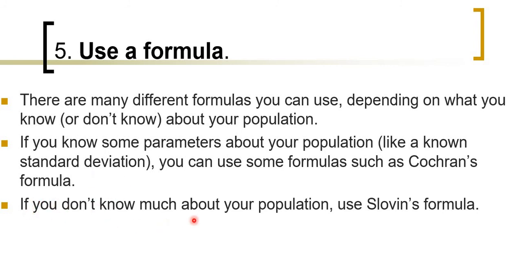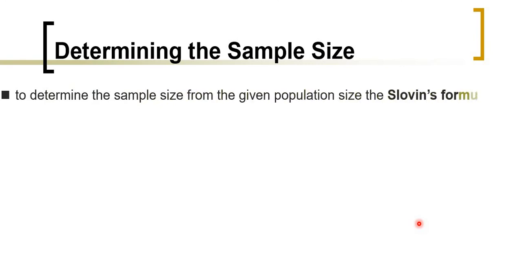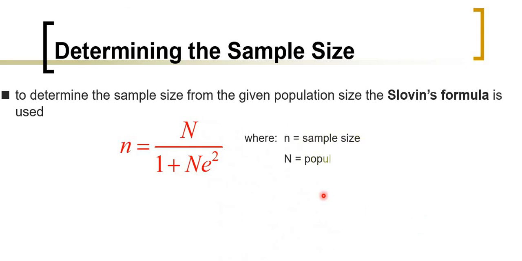However, we do have a formula that we can use if you do not know much about your population, which is Slovin's formula. So, for determining the sample size if you do not know much about your population, we can use Slovin's formula, which is: the sample size is equal to the population size divided by the sum of 1 and the product of the population size and the square of the margin of error.